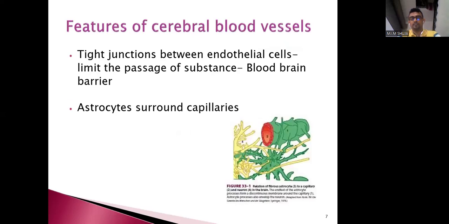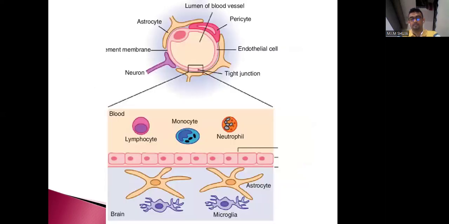The features of cerebral blood vessels are that there is a tight junction between endothelial cells, and we call it the blood-brain barrier. The astrocytes surround the capillaries like this. This is the lumen of the blood vessel. These are endothelial cells.